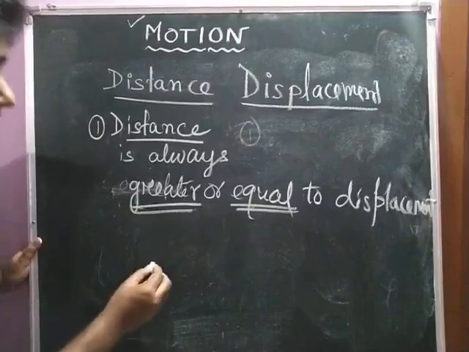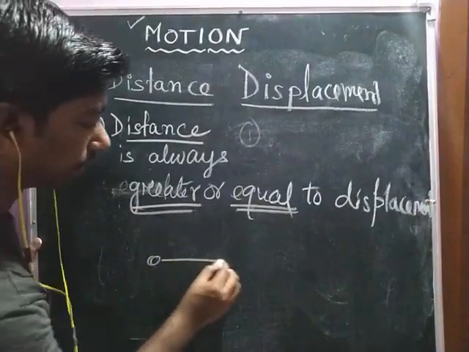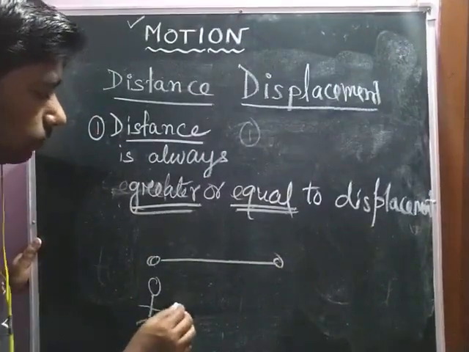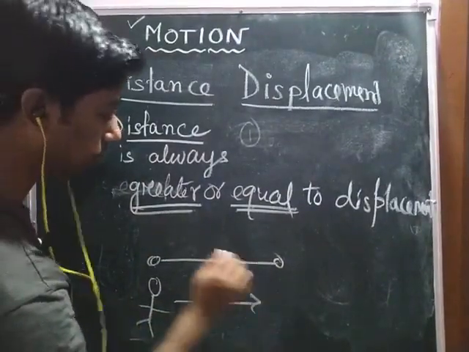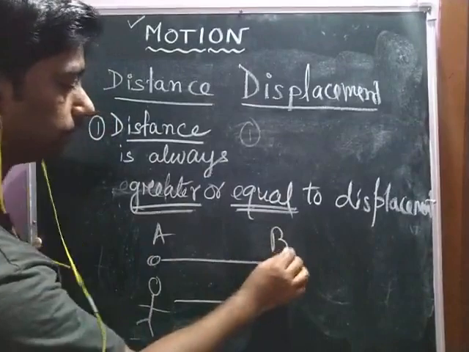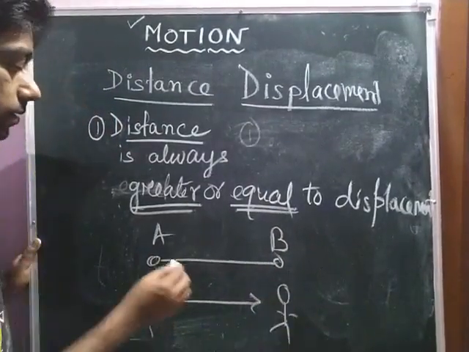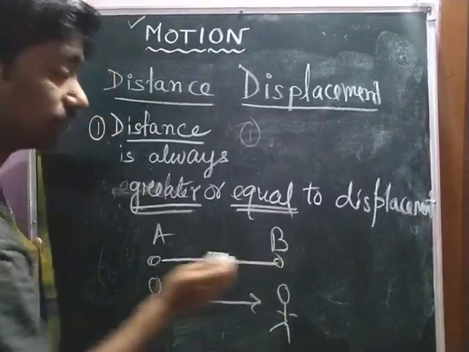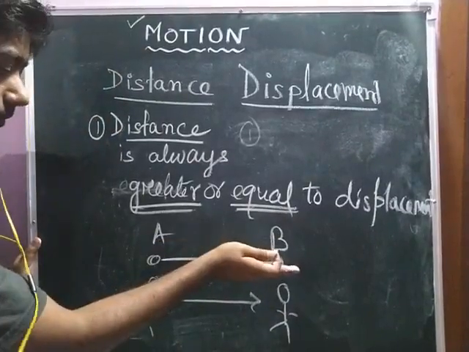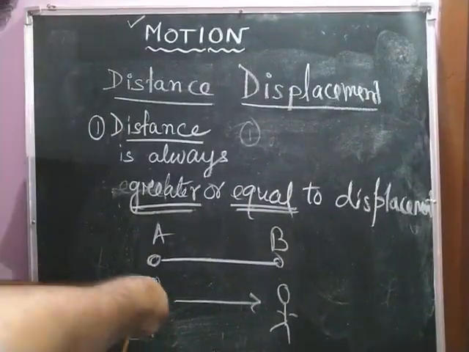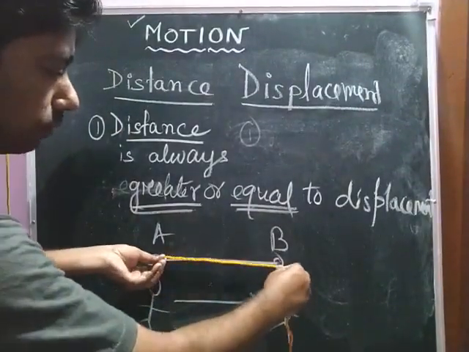Now think about a particle which is moving in a straight line like this, an object going from A to point B. In this case, the path is along AB, a straight line path. If I ask you to measure distance, you have to go along the path, so the rope will be straight like this.